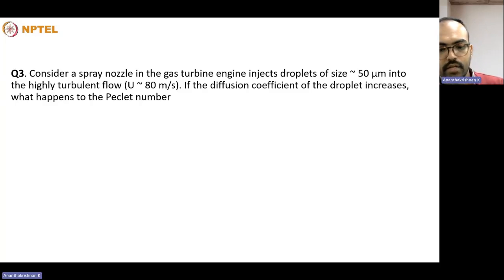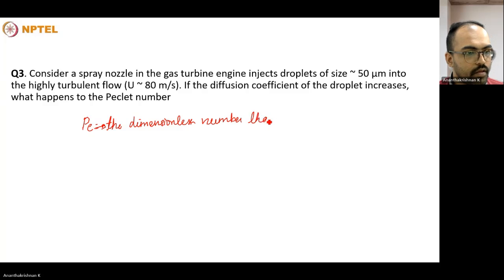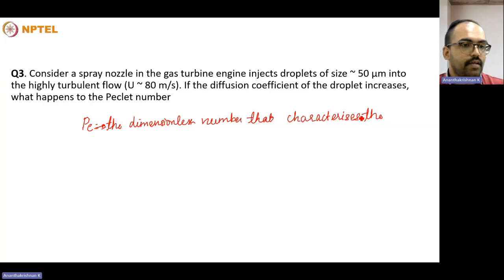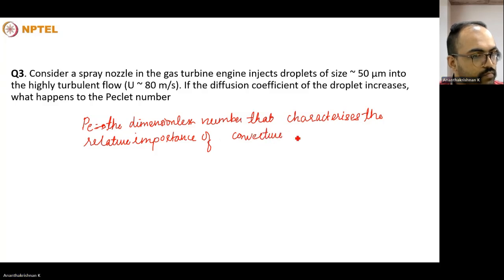The Peclet number is a dimensionless number that characterizes the relative importance of convective transport to diffusive transport.